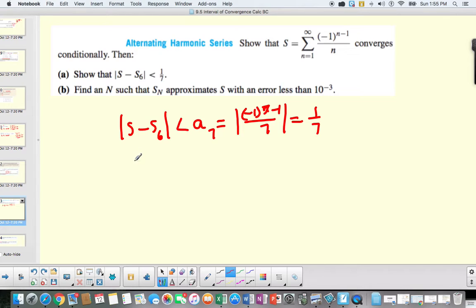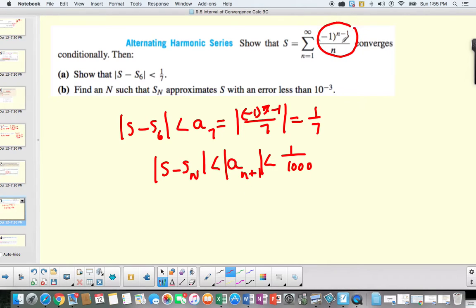Now it says to find how far we go so that we have an error less than 10 to the -3rd. Okay, so we know that the absolute value of s minus s sub n, we want that to be less than the very next term, which is the n plus 1 term, and we want that to be less than 1 over 1,000. I don't have to put the n plus 1 in for the sign change part of the formula.